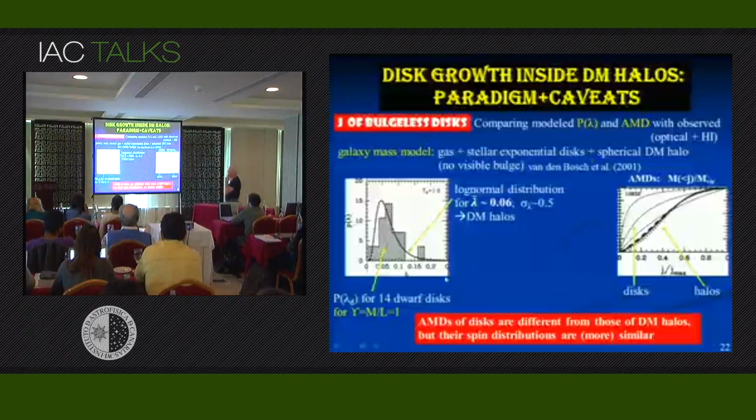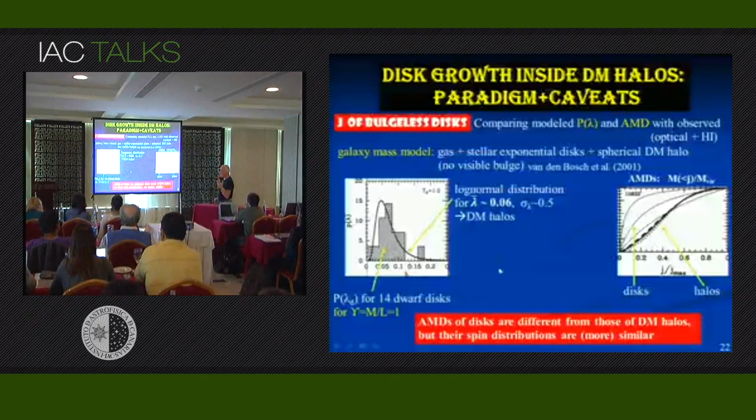A few years ago, a sample of 14 dwarf disk galaxies was observed in order to compare both the spins of their halos, I mean a little bit of modeling on top of observations, and the distribution of angular momentum.